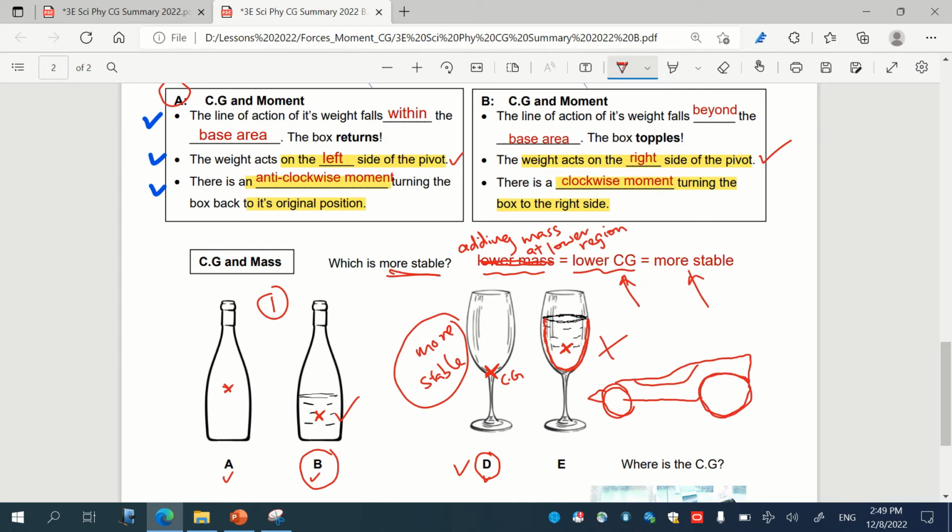So there are two conditions it fulfills. Number one, it has a broad base area. Number two, the CG is very, very low, near to the ground. This will help make the racing car very stable so that when it makes turns at high speed, it will not topple.